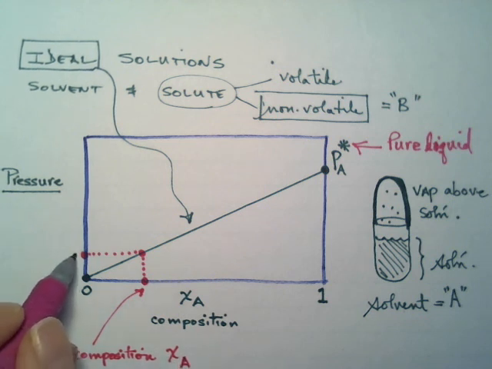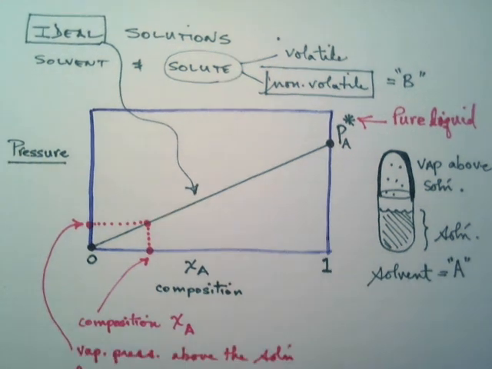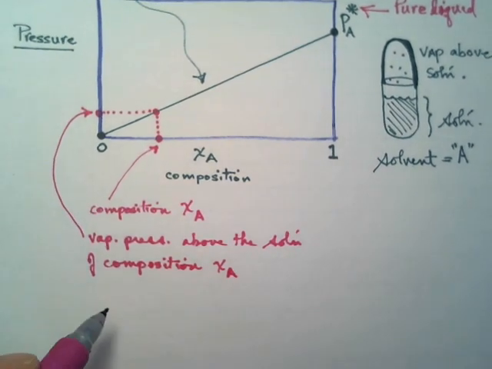And this would be the value of the vapor pressure above the solution of composition mole fraction of A, of this one in particular. And we know, how about I move that up? We know that that vapor pressure, just hold on one second.